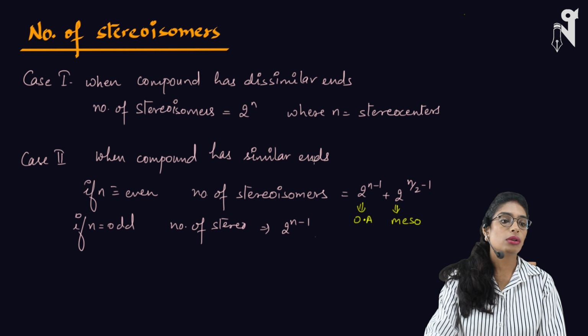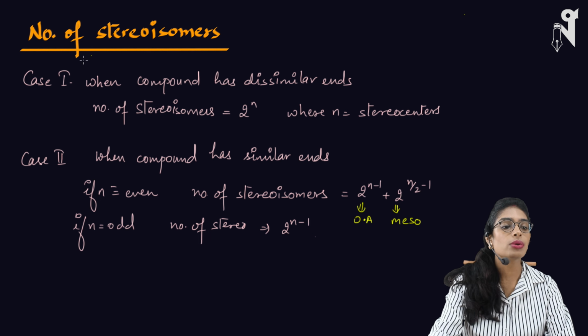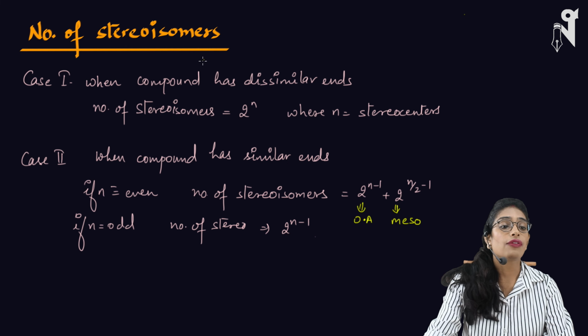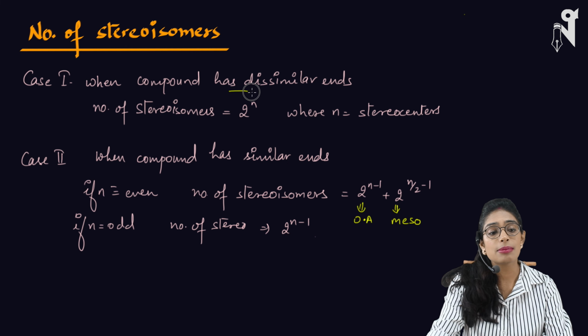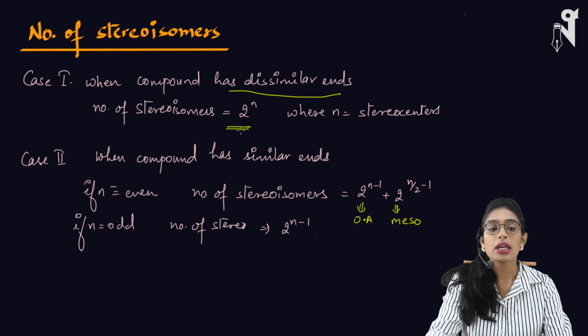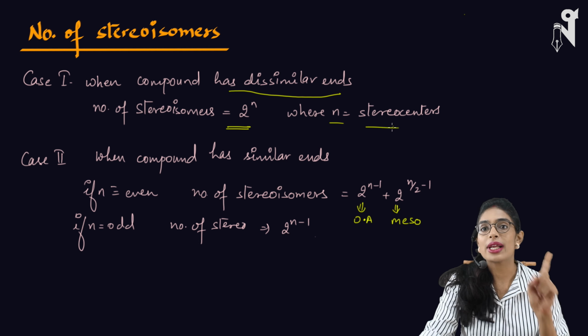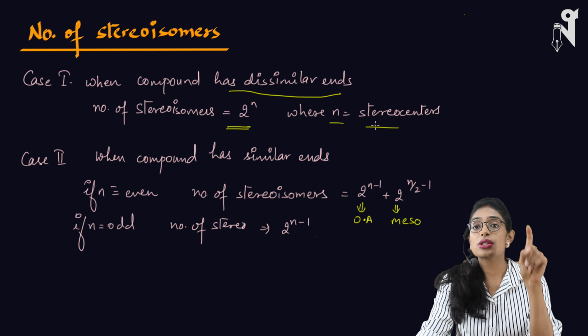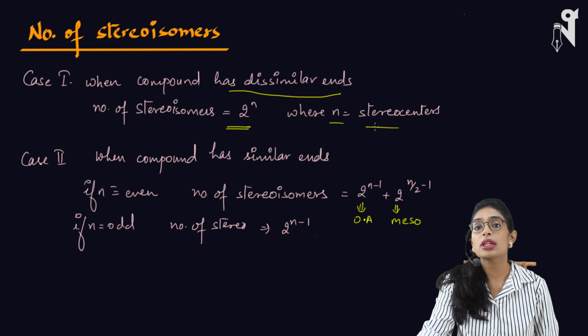Okay, so there are two cases, exactly the same way as we had in the case of optical isomers. If we have a compound and it has dissimilar ends, then the number of stereoisomers is 2 raised to power n, where n is the number of stereocenters. When I say stereocenter, it is the chiral center as well as the stereocenter which shows geometrical isomerism.